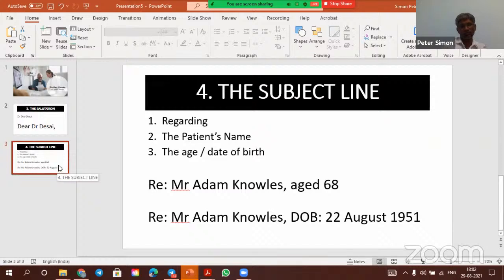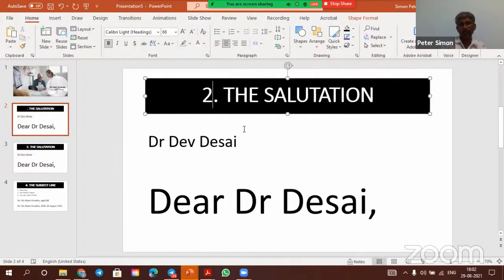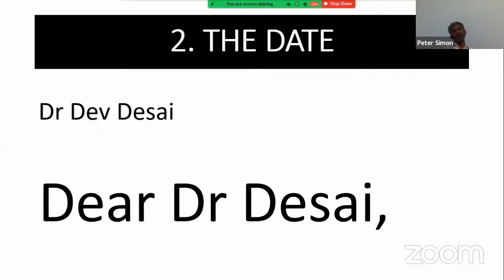Next. Next one. Next one is the second one. So 4, 3, 2. This is the date. Now many people say we have to write the date first and then the address. And many other people say we have to write the address first and date next.